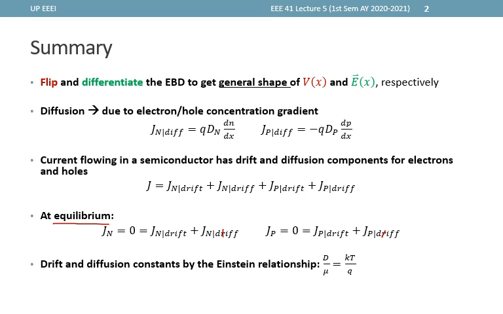And we'll also use the Einstein relationship, D over mu is equal to kT over q. So once we know the value of mu and the temperature, then we can directly solve for the diffusivity constant.